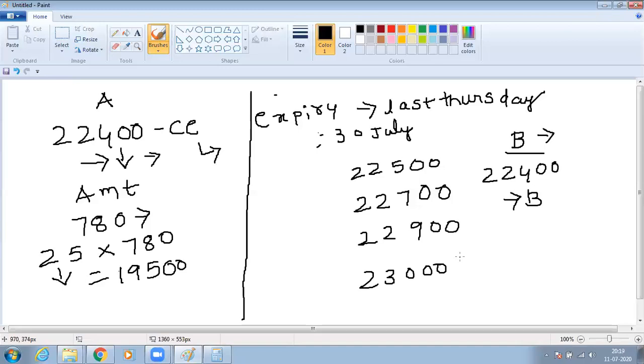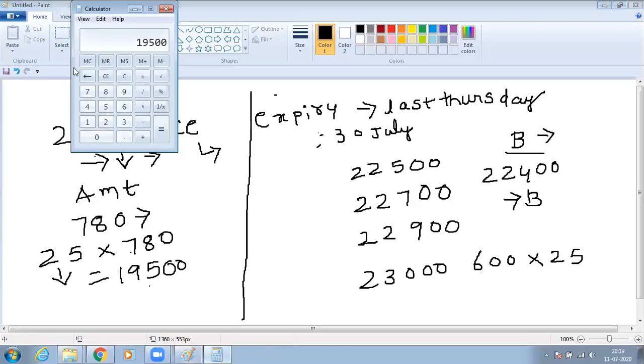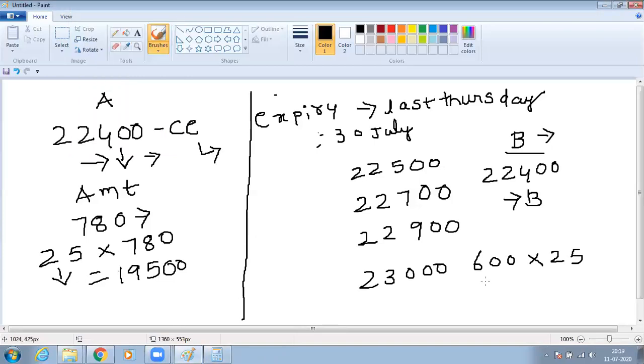So how many points increased? 600 points. 600 points into 25 will be profit. Since 600 into 25 is equal to 15,000, 15,000 profit you are going to get.